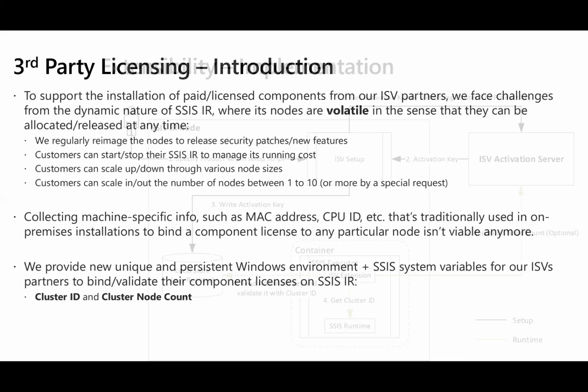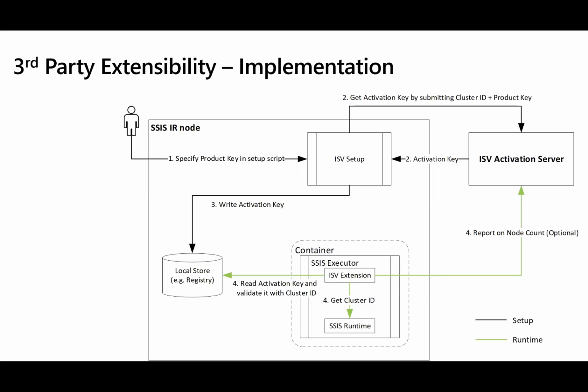And the way you use it, a typical implementation is like this. If you see the small guy on the left-hand side, that's the customer, right? So you buy, for example, SentryOne or KingswaySoft components, and then you get a license key with your product. You will implement a setup script that will install the component and the license key, right?